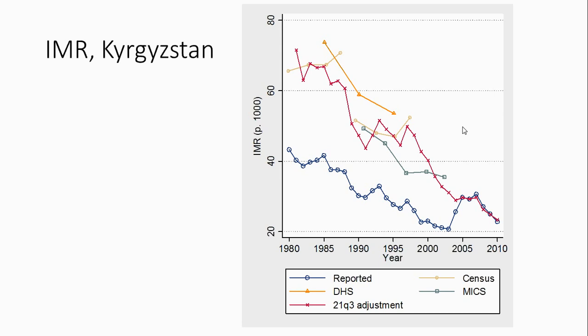An important point here is that we observe stagnation in the mortality rate in the 1990s. Only starting in 1999 was there a quickening of the decline in mortality, and this would not have been apparent from survey data alone.